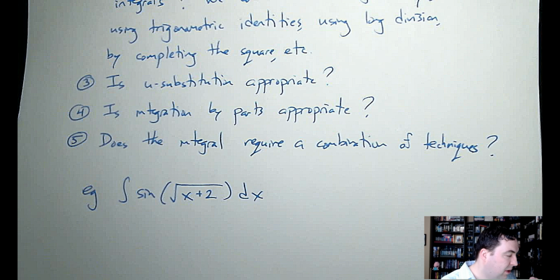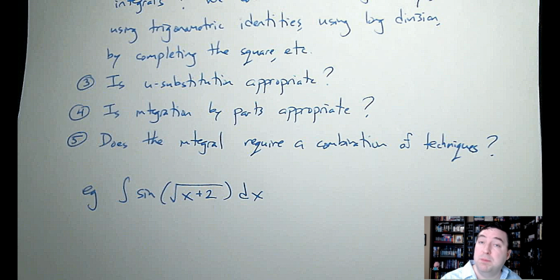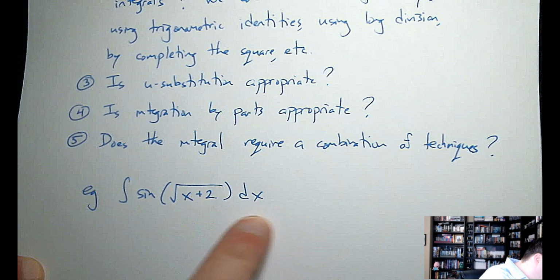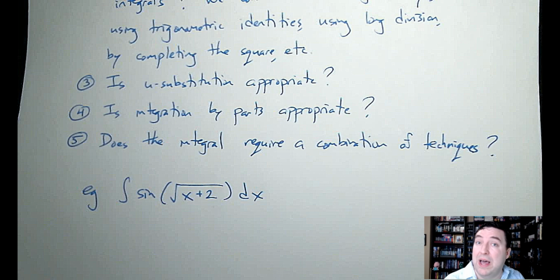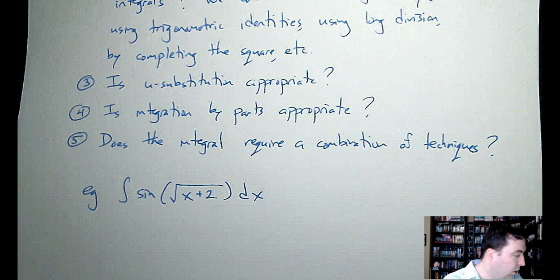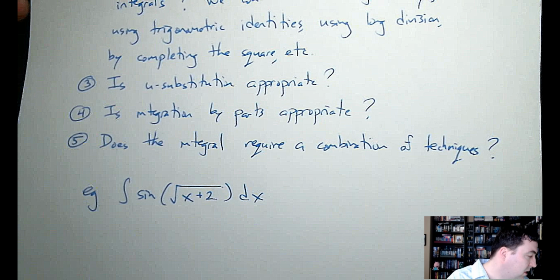So here we get a multiple of 1 over root x plus 2, and there isn't a 1 over root x plus 2 in our integral to get paired with that. So it looks like we're missing the stuff that we would need for a u substitution. So, okay, no, it doesn't look like u substitution is appropriate.